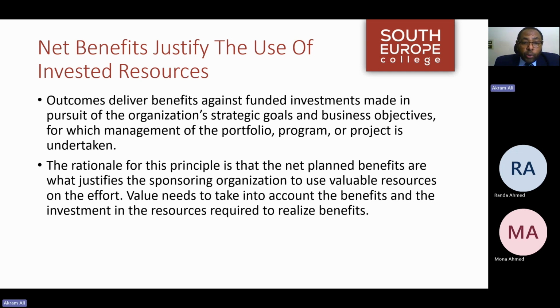The rationale for this principle is that the net planned benefits are what justifies the sponsoring organization to use valuable resources on the effort. Value needs to take into account the benefits and the investment in the resources required to realize benefits.